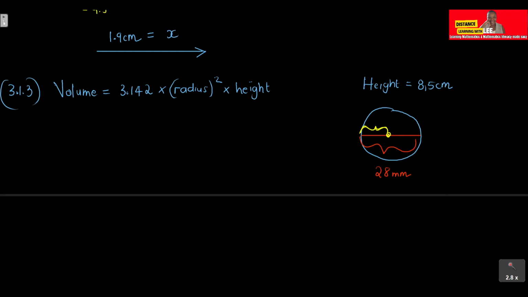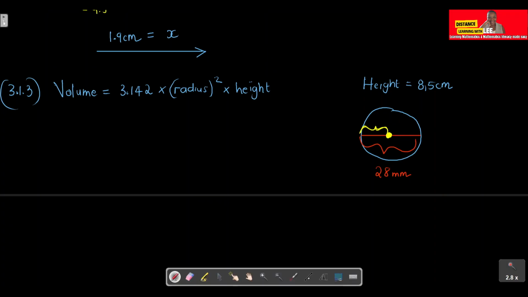This length divided by 2, because the center of the circle is in the middle. That is why we divide by 2. So the radius is just equal to the diameter value divided by 2. Let's just do that.